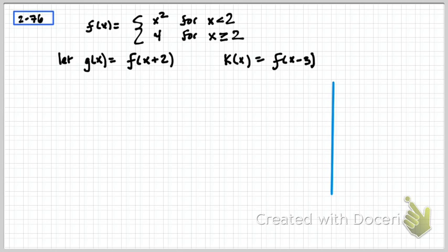First, it has us graph these. We're going to graph one by one, so we'll do the f of x first. So f of x, if you put this in your calculator, 2 is that kind of transition point. 1, 2, 3, 4, 5.